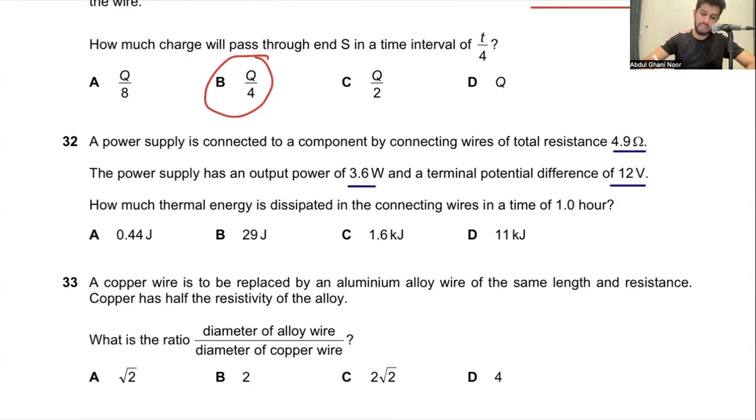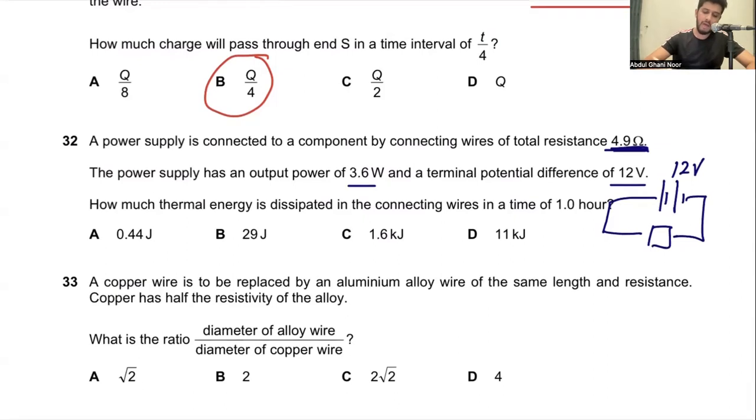So there is a power supply and it is connected to some component, and the wires have a total resistance of 4.9 ohms. The terminal potential difference is 12 volts, which means that the battery in this case provides 12 volts. How much thermal energy is dissipated in the connecting wires in a time of 1 hour?